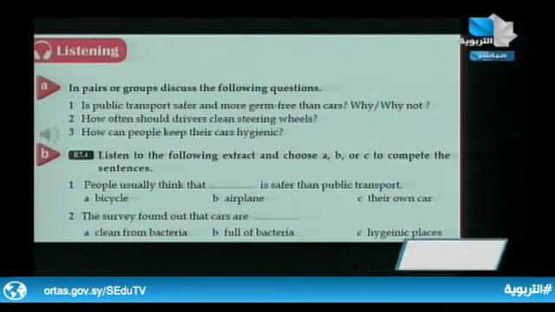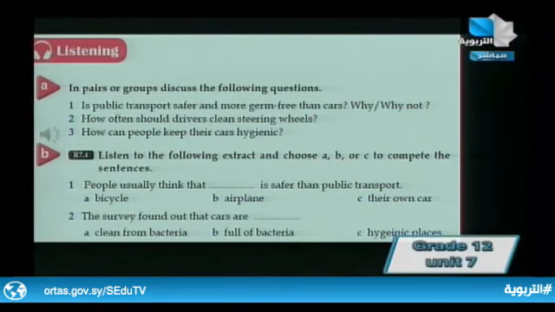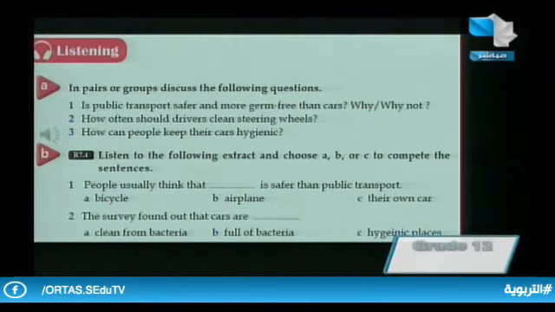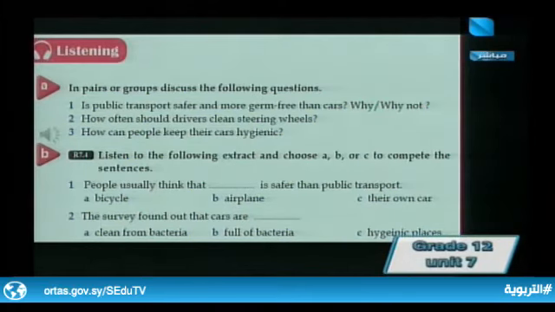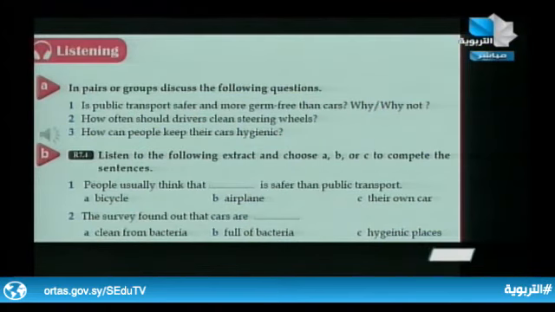Recording 7.4. Listen to the following extract and choose A, B, or C to complete the sentences. Many people feel safer in their own cars than risk getting germs while traveling in public transport. The truth for many car drivers and passengers is the opposite. A British survey discovered that most cars are so dirty inside that they are a potential breeding ground for bacteria such as the deadly E. coli.